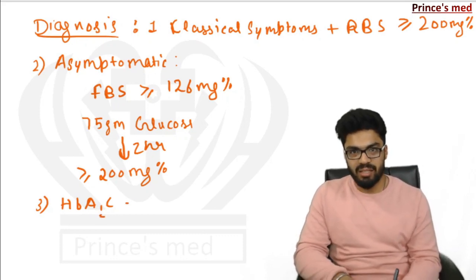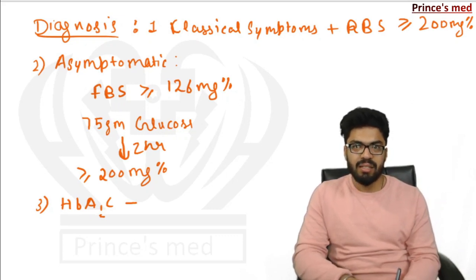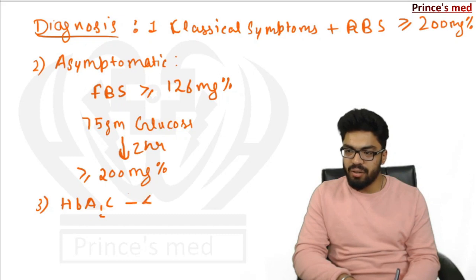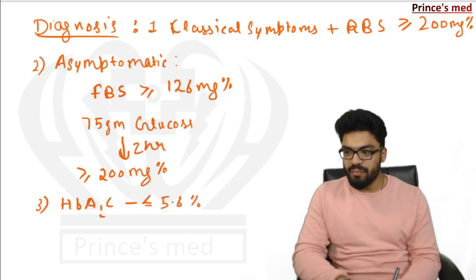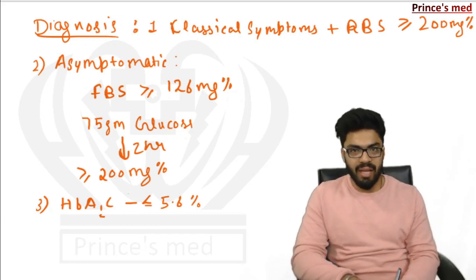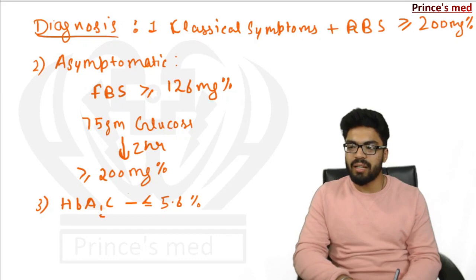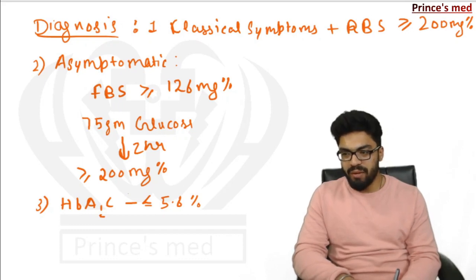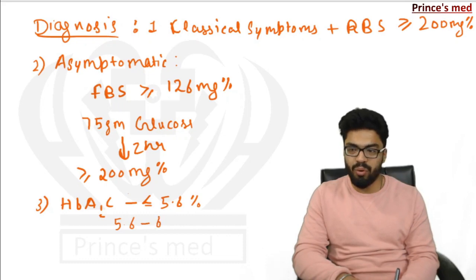It is normally present at less than or equal to 5.6%, but in diabetic cases the value increases, and can be 5.6% to 6.4 or more than 7.